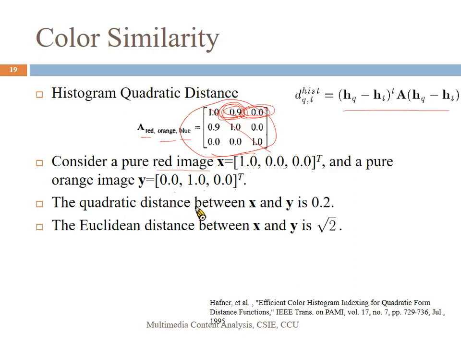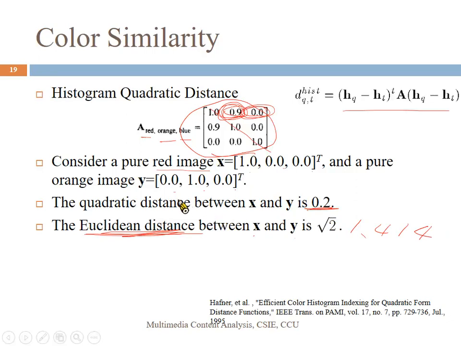And the quadratic distance between x and y is 0.2. The Euclidean distance, or the second order Minkowski form distance, between x and y is square root of 2, which is about 1.414.